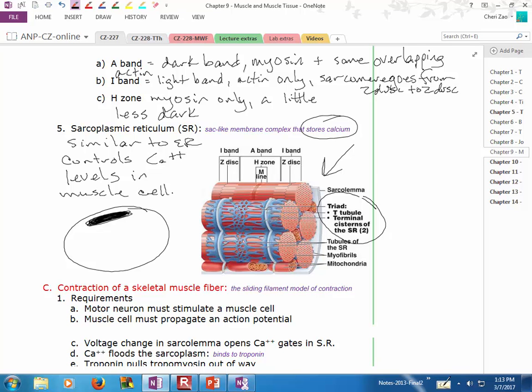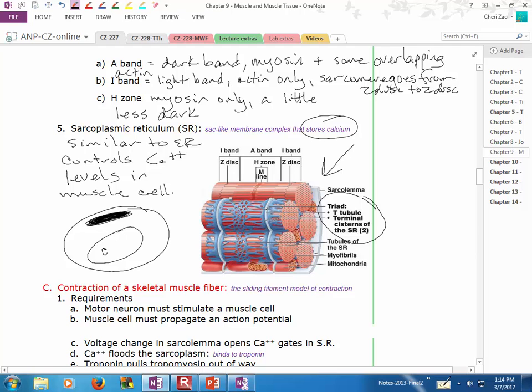With the sarcoplasmic reticulum, I drew this circle with the nucleus off to the side because it's meant to represent a cross-section through a skeletal muscle cell. And I'm going to draw my SR like a glob, okay? Not like this T-tubule system, because I'm simplistically drawing it. I just want you to understand that sarcoplasmic reticulum.